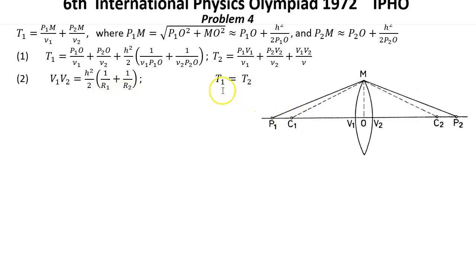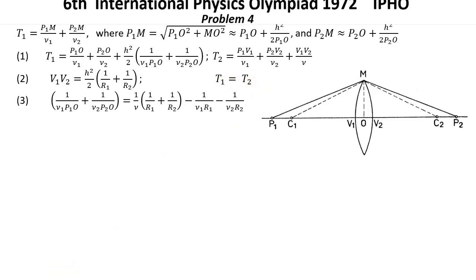And because we have T1 equal T2, we can equalize them and get such a result. After subtracting P1O over nu1 and P2O over nu2, and getting rid of h squared over 2, we have this expression.